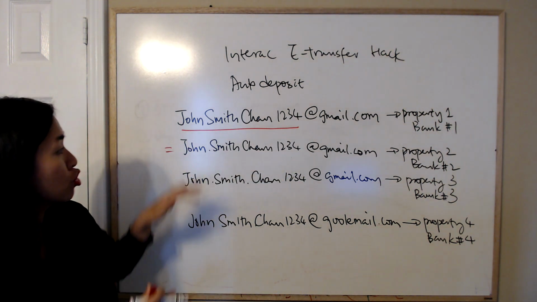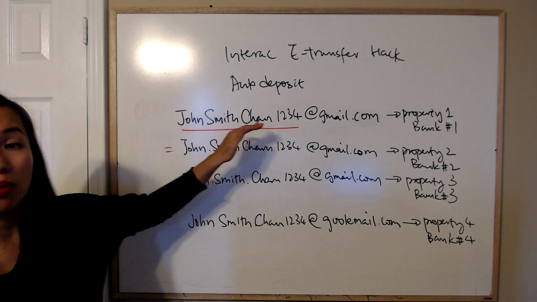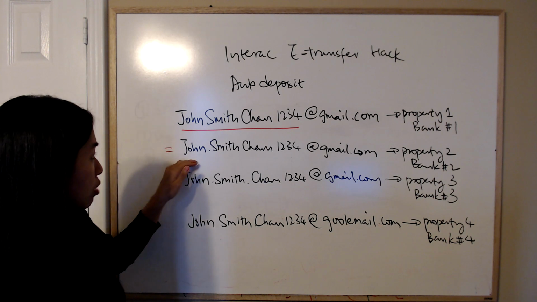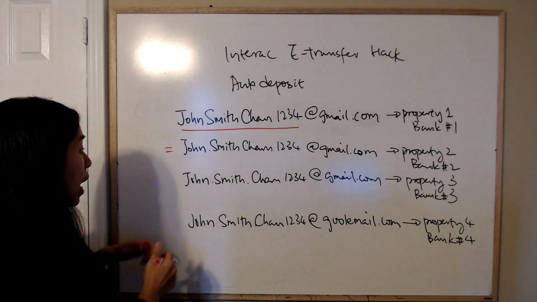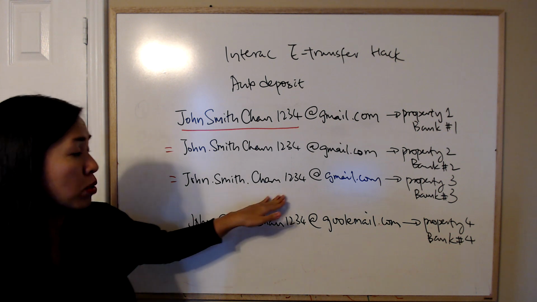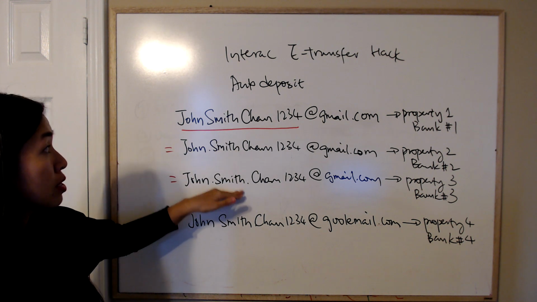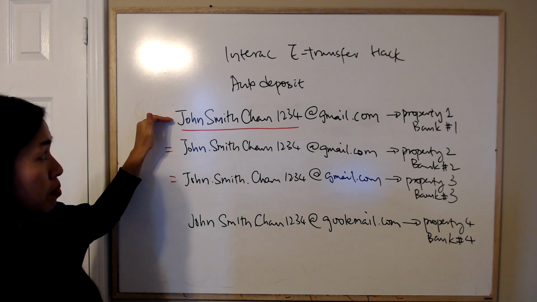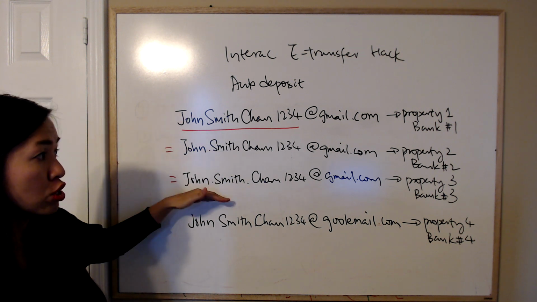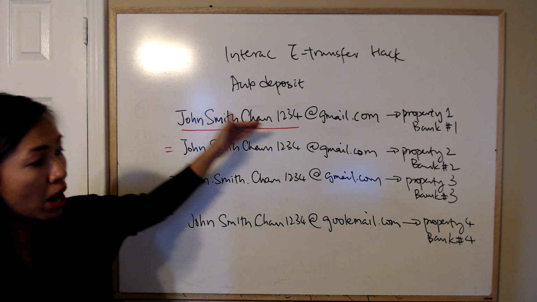If you send an email to john.smithchen1234@gmail.com, the address johnsmithchen1234@gmail.com would still receive all the email you send. And this is the same for john.smith.chen1234@gmail.com. All of these emails go to the same address, so they are equivalent from a Gmail point of view. They are routed to the same inbox.